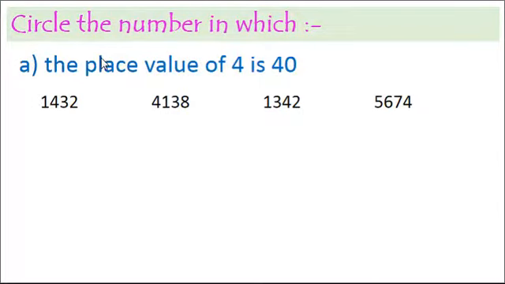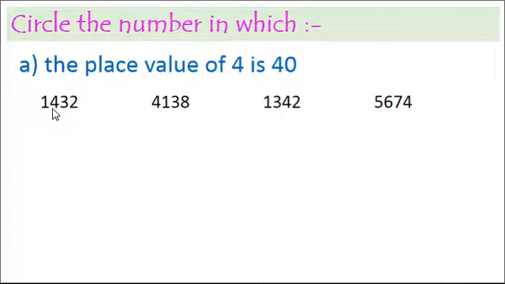If they are asking you to circle the number in which the place value of 4 is 40, first of all, if they give you any number, you have to identify the place value of 4, and it should be 40. So you have to check in the given number where the 4 is. First of all, you have to locate it, right?